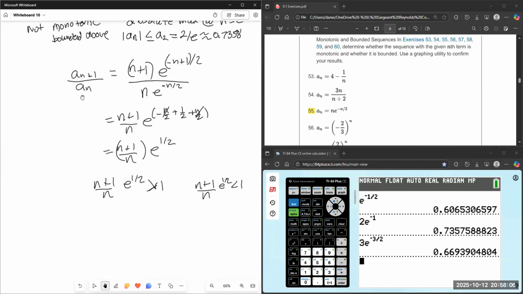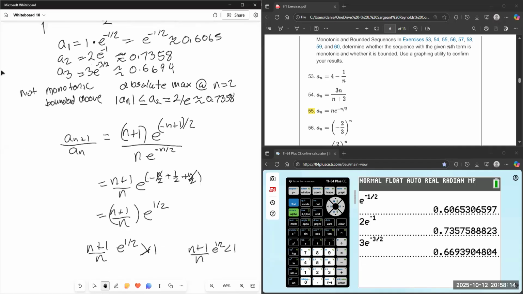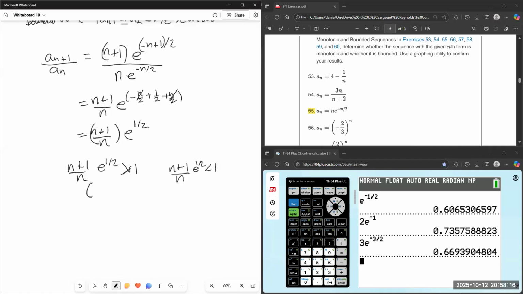So this is going to be increasing on 1 to 2, and then decreasing from 2 to infinity. It's really the same thing, but this requires you to stick some stuff into the calculator and graph it.